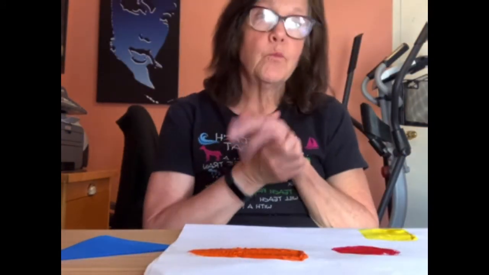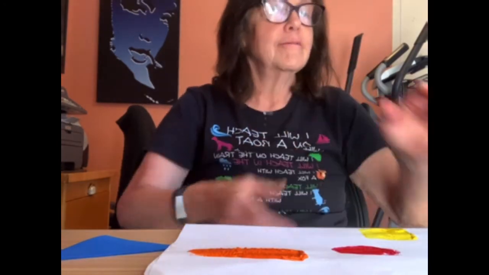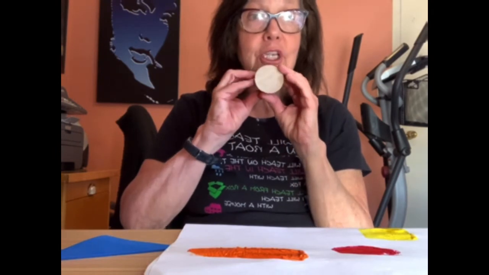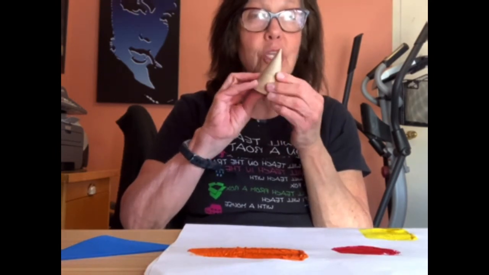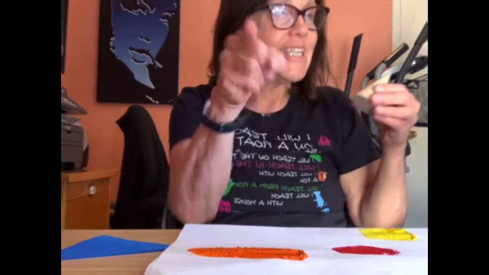Now, what shape do I need next? The cone. I bet you've already thought about which shape you're going to see when you stamp a cone. Let's look at the cone. What shape do you think you're going to see when you stamp the cone? Let's see if you're right.